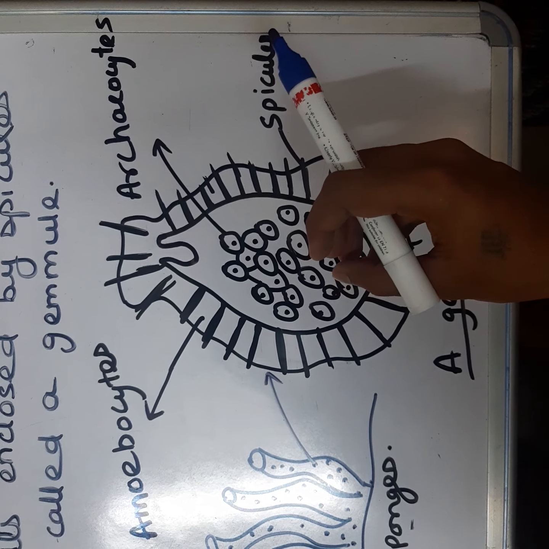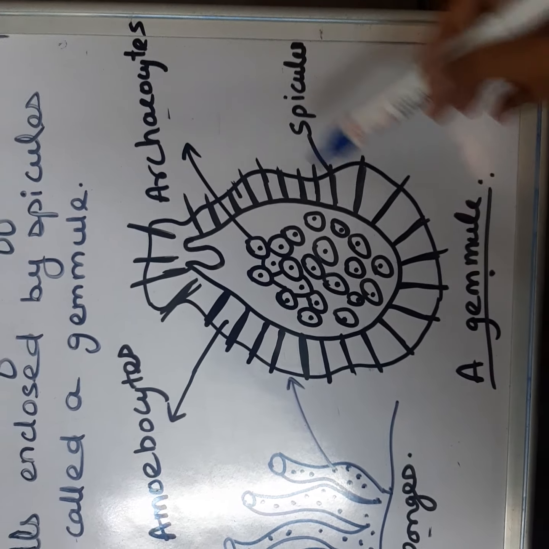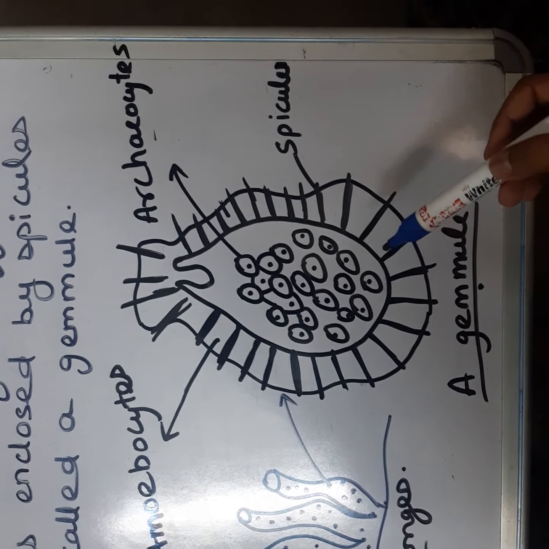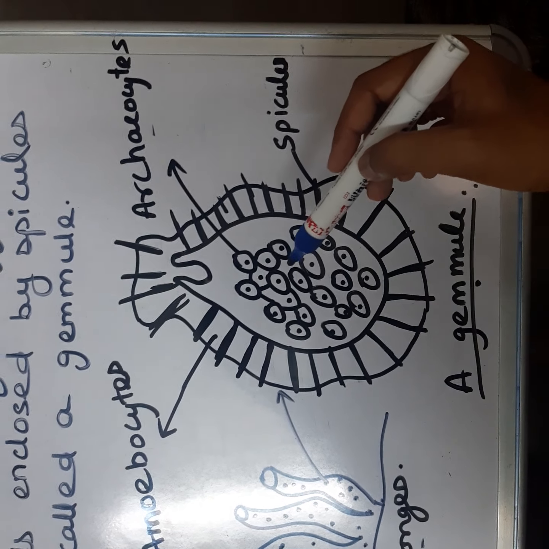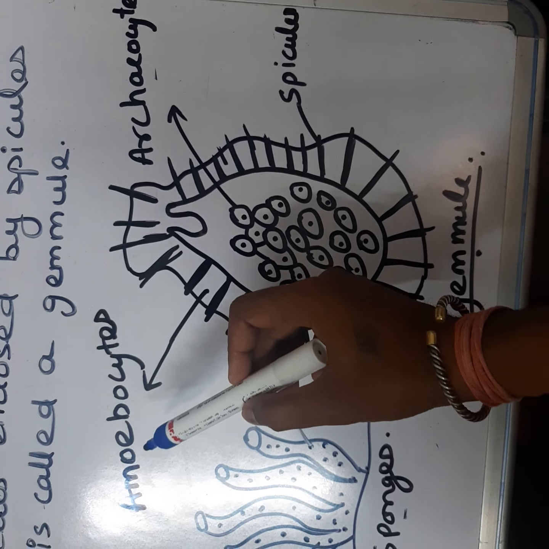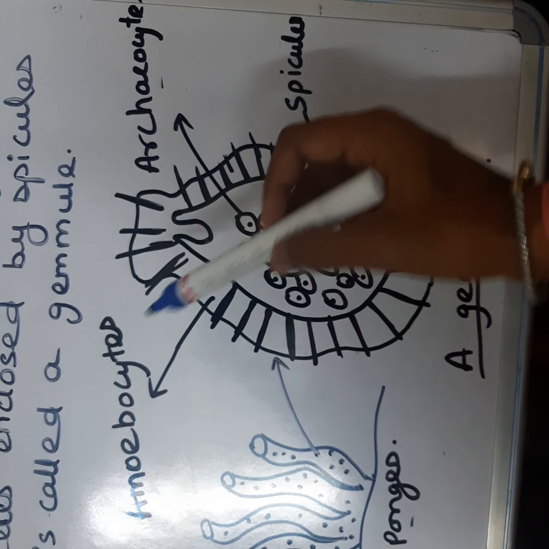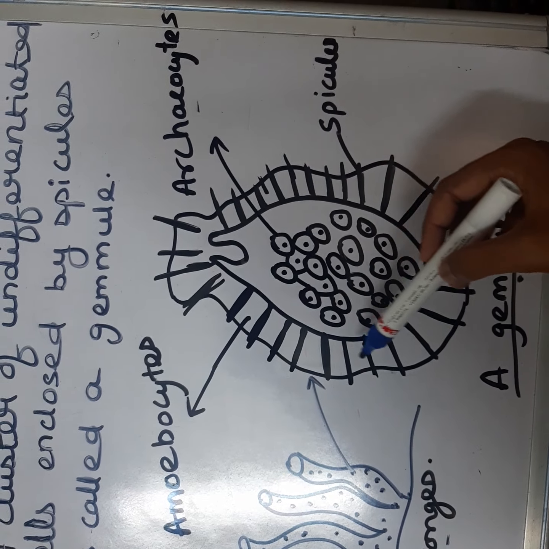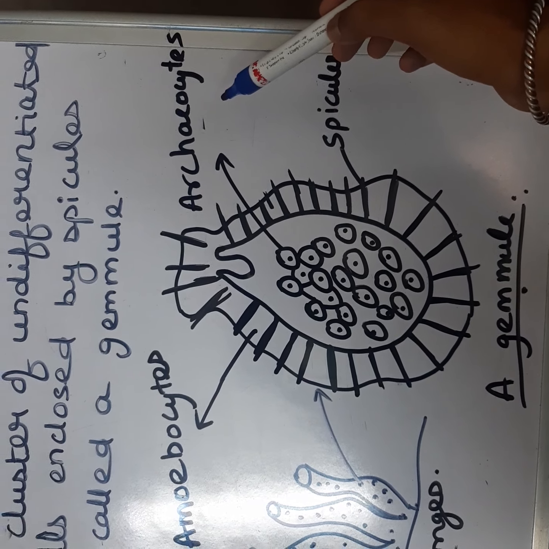These undifferentiated cells are called archaeocytes. Understood? Then this cluster of cells is surrounded by specialized cells called amoebocytes. These amoebocytes only protect these archaeocytes. Is it clear?